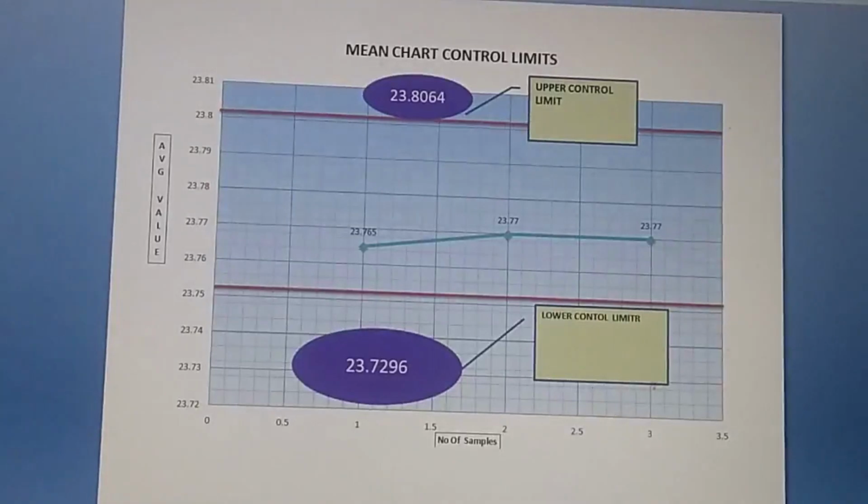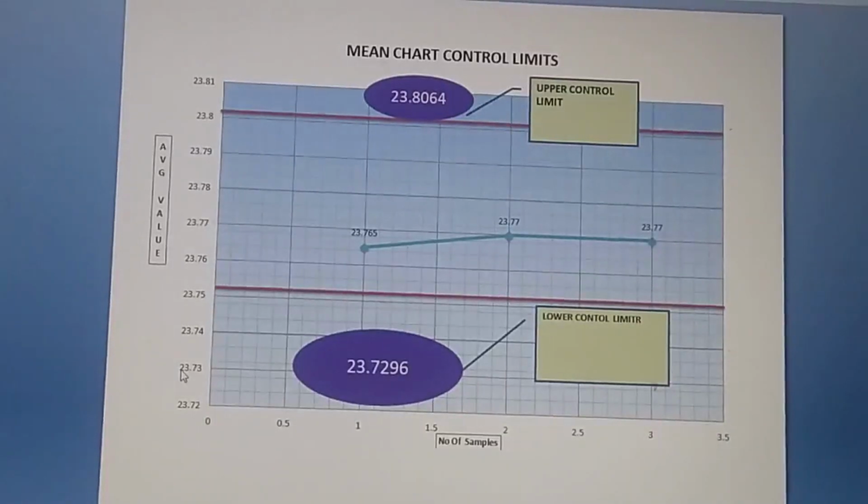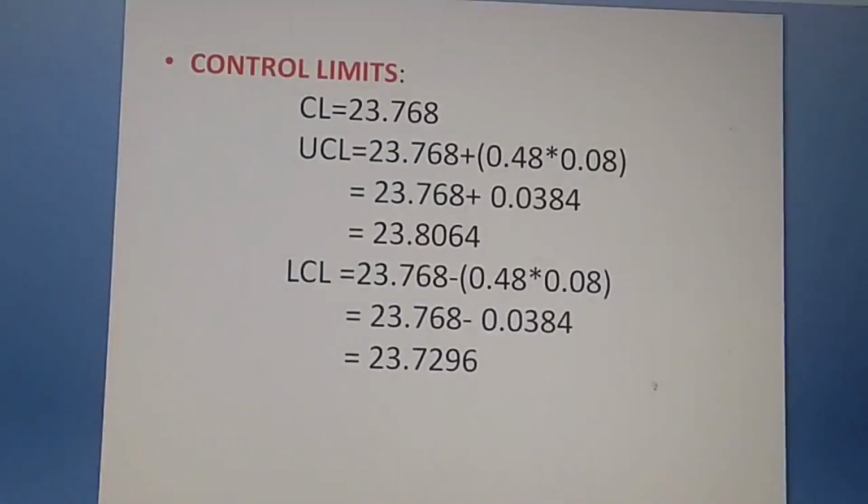And here we have taken a very small number of samples, that is 1, 2 and 3. The x-axis represents the number of samples, and the y-axis represents the average values of the observations of the mean chart. So 23.8064 is the red line, which is the upper control limit, and below that the lower control limit value is 23.7296.